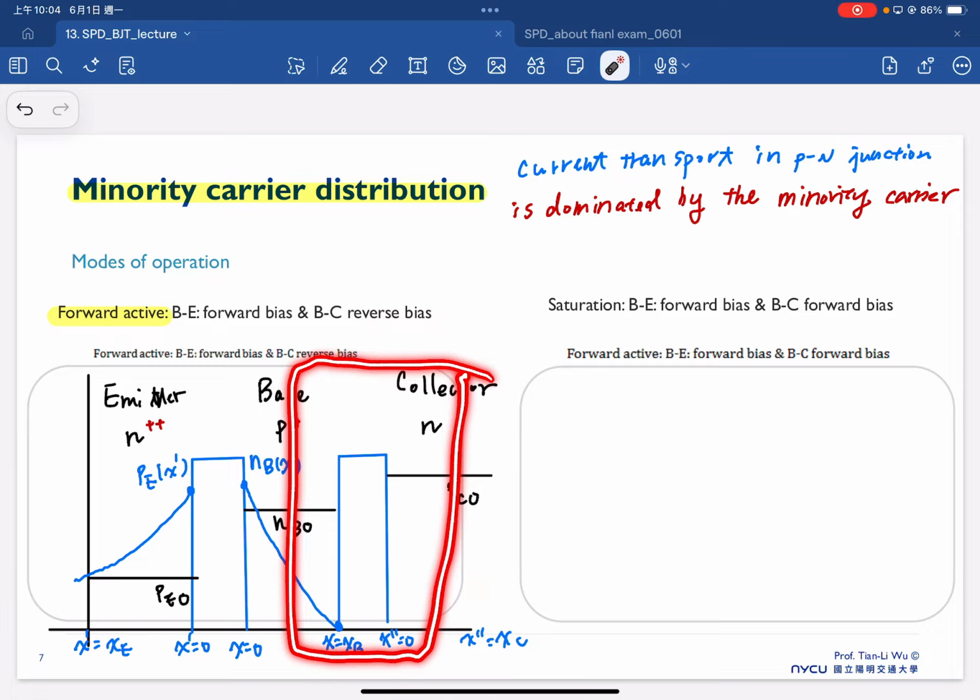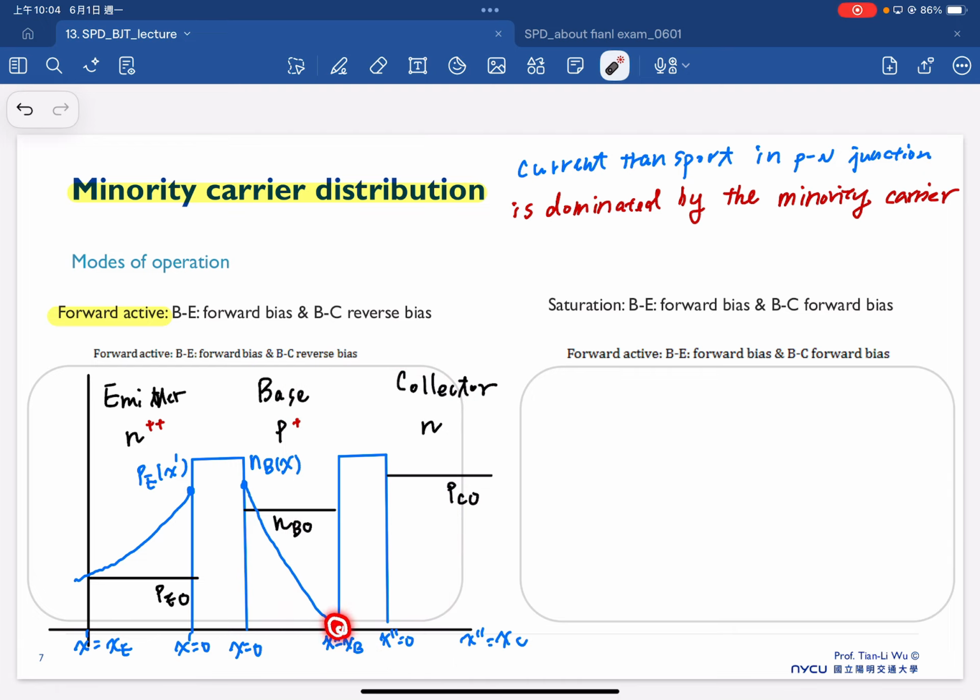The reverse bias will force the electron concentration to become 0 at this point. So therefore you will see this kind of minority carrier distribution in the base region. This is the difference between the pure PN junction and the electron concentration in the base region. So that's the main difference.